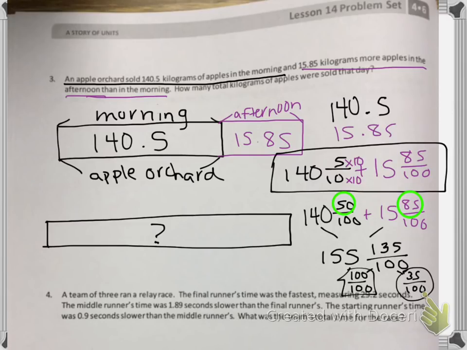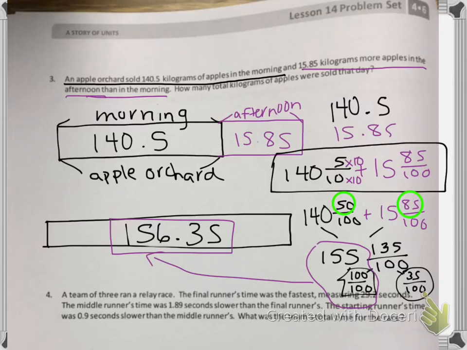And my answer is 156 and 35 hundredths. Boom. Because when we add the 155 and the whole, that makes 156. And then 35 hundredths we put right next door.